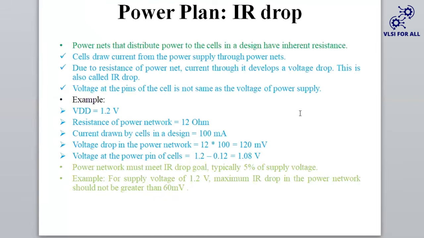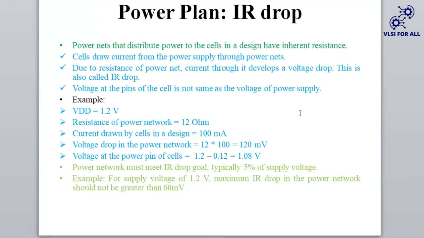This voltage drop reduces the amount of voltage that a transistor will get later. This has to be contained, because the bigger the voltage drop, the lower the voltage transistors get and their performance will go down. In other words, gates will slow down. This is how IR drop creates an issue in your power planning and in your design.